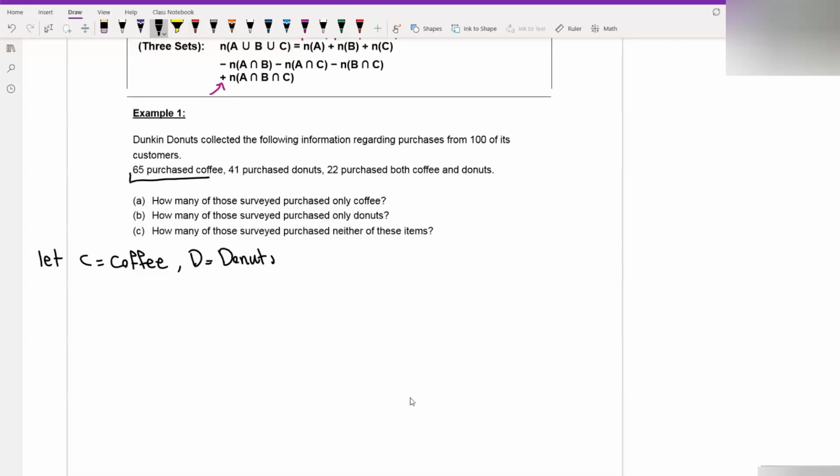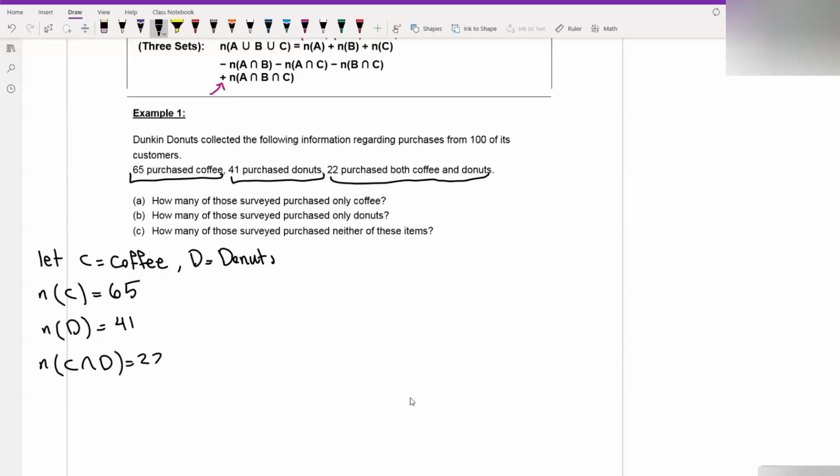We have 65 coffee. The number of elements for coffee is equal to 65. 41 donuts. And 22 purchased both coffee and donuts. So that is the intersection between C and D, which is 22.